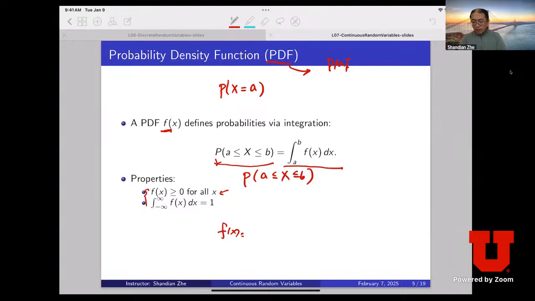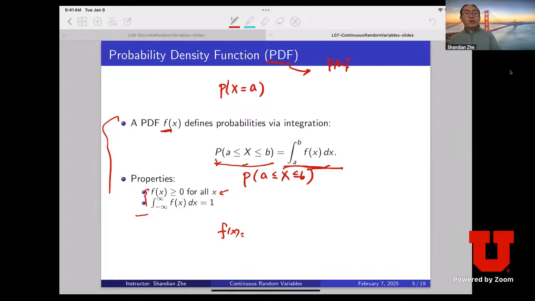But here we use a kind of detoured way to define it, meaning that if we have some non-negative function whose integration over the whole domain is one, and the probability of the random variable X falling in any range can be represented as an integration of this function over this range, then we call f a probability density function.